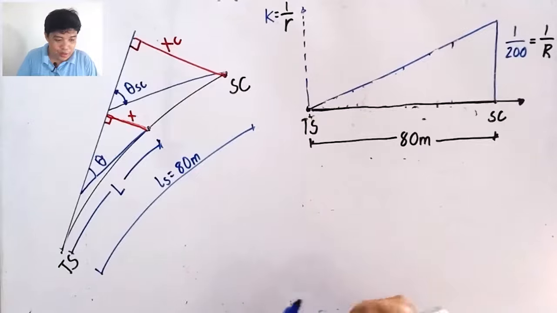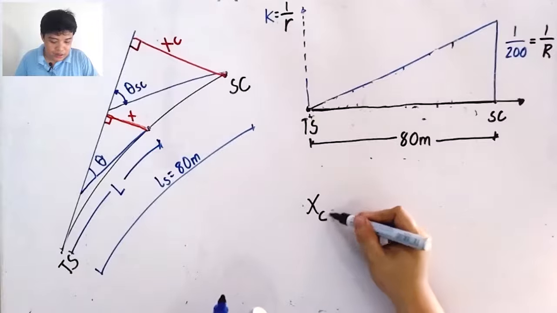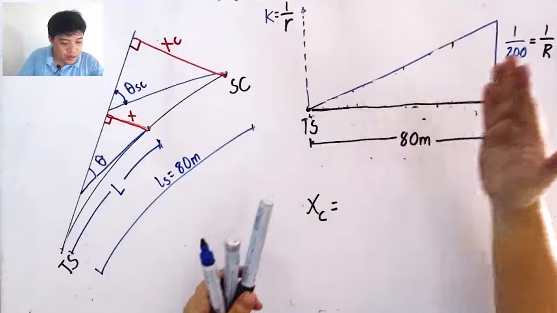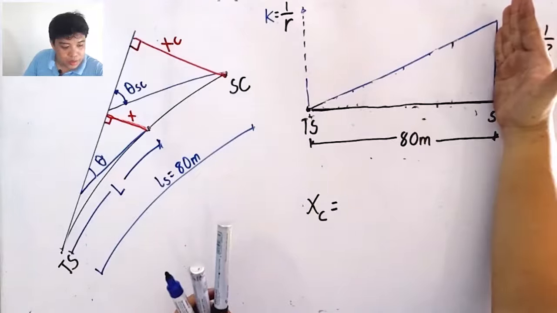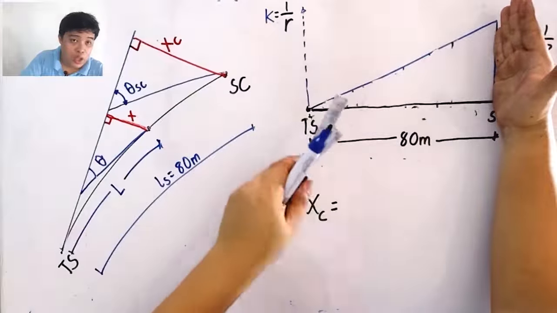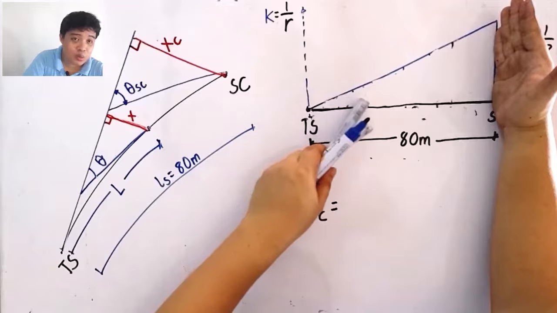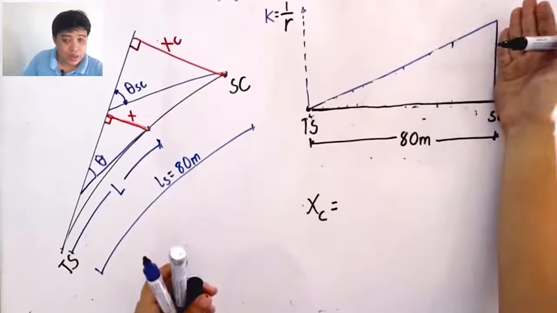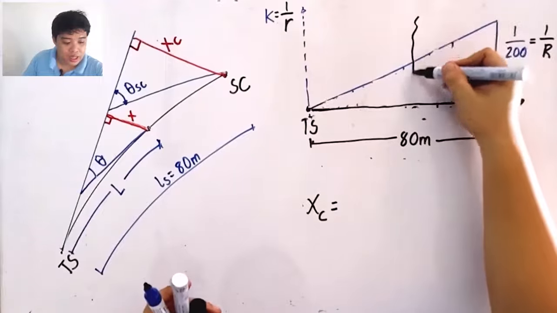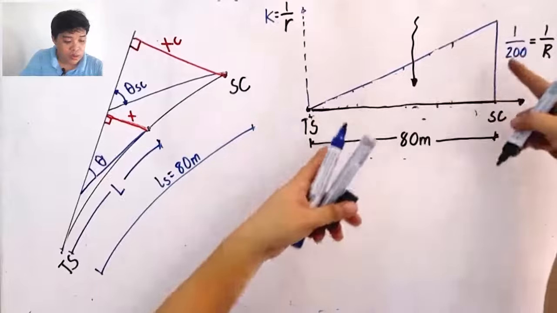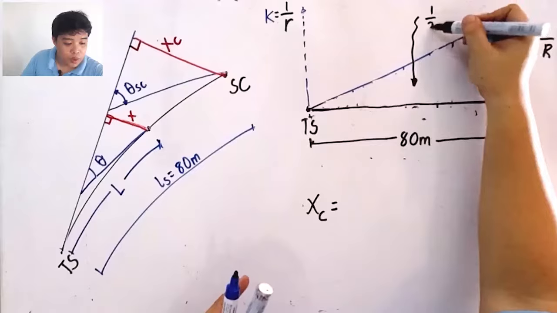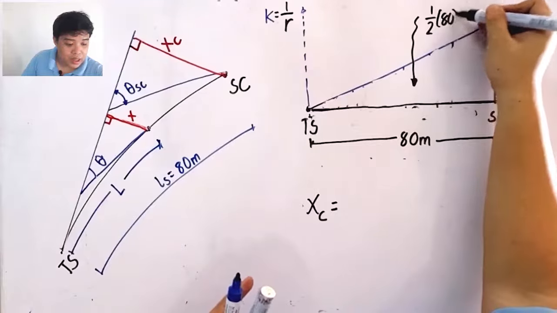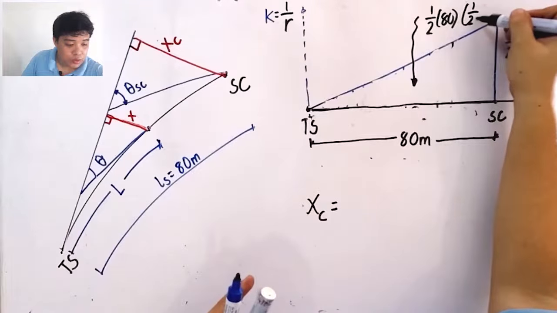For example, I want to get the value of X sub C. So I'm going to put a cutting plane here, and you imagine that this one is a load, like a beam. So if this is a load and you want to get the area, you can just get the load. And the load is equivalent to the area, which is equal to 1/2 by 80 by 1 over 200.